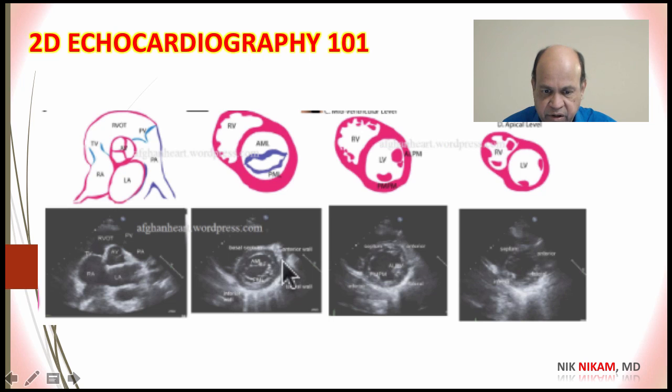In the next diagram, we have at the level of the mitral leaflets, the left ventricle, and at the papillary muscle level is where we measure the left ventricular cavity thickness and dimensions, so we can measure the left ventricular ejection fraction. And towards the apex, we can look for any types of abnormalities in wall motion or any evidence of left ventricular thrombus.